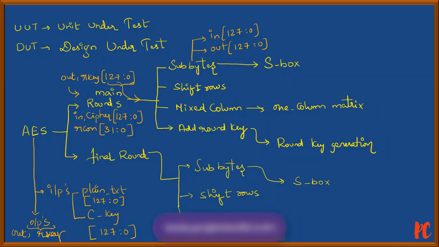Similarly, with respect to shift rows, we will be having an input 127 down to 0, followed by output 127 down to 0 again.